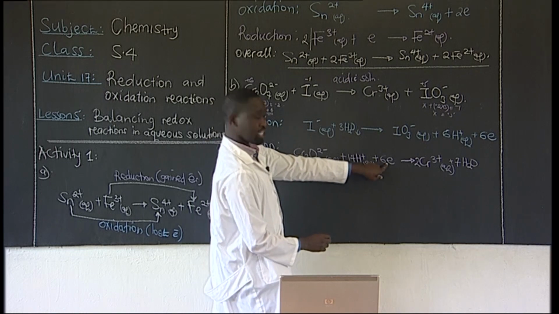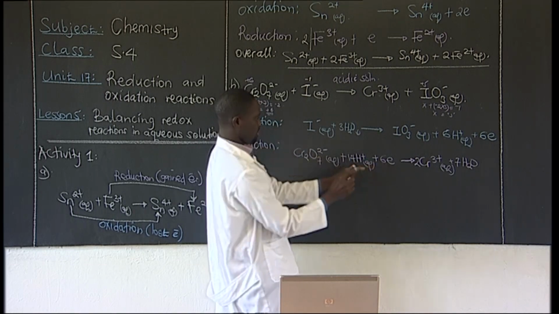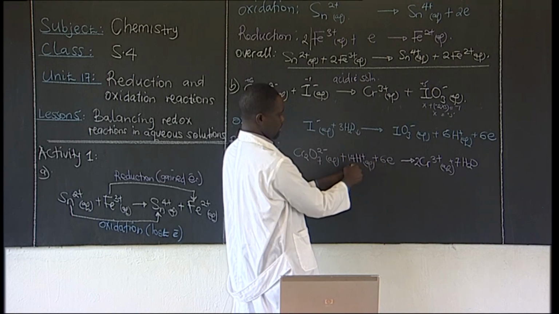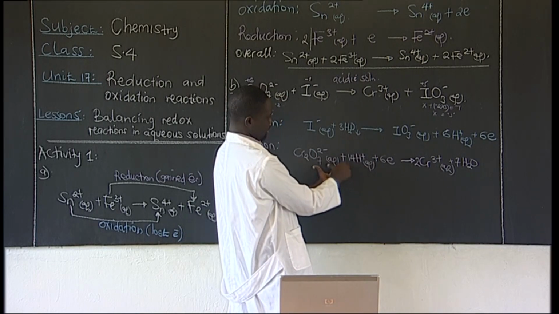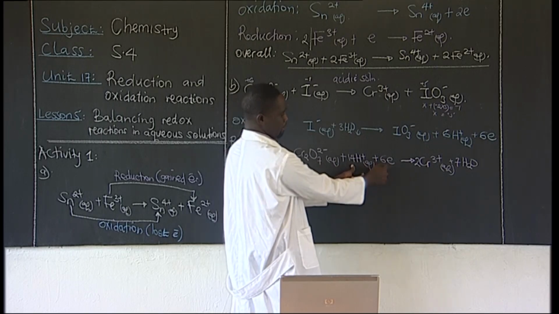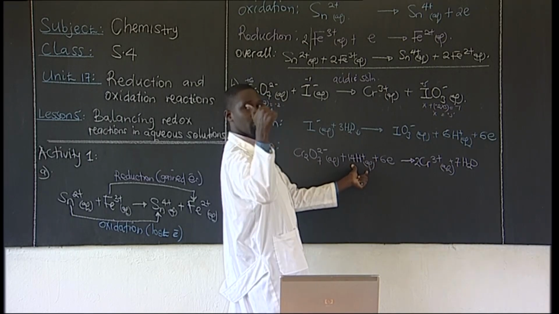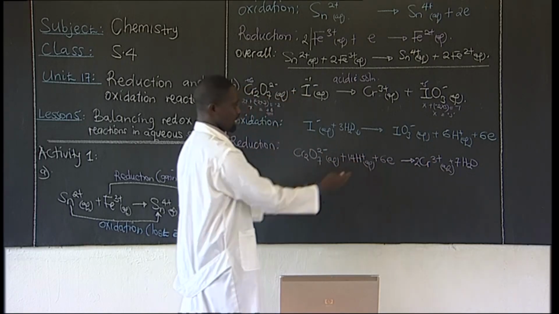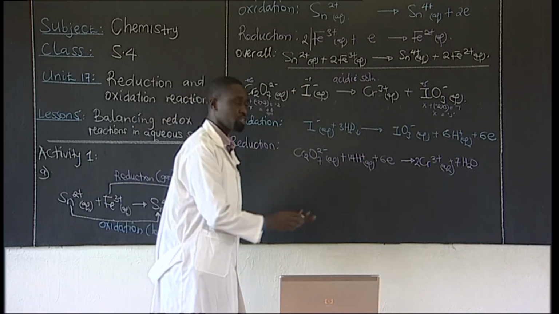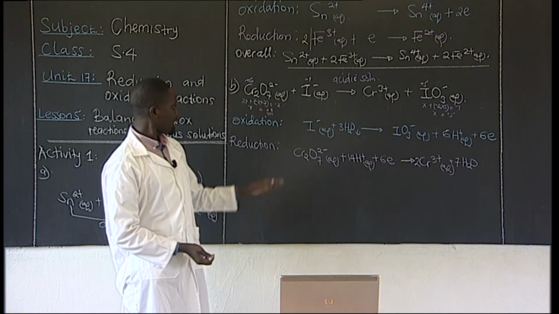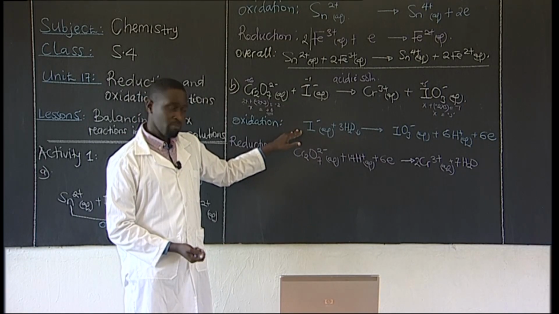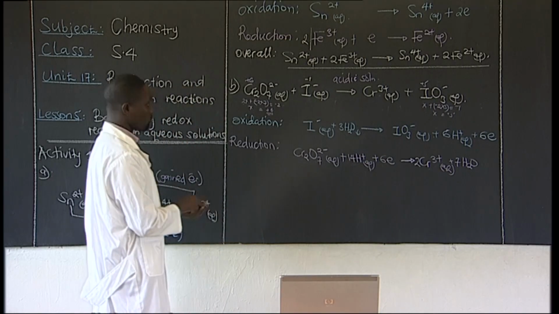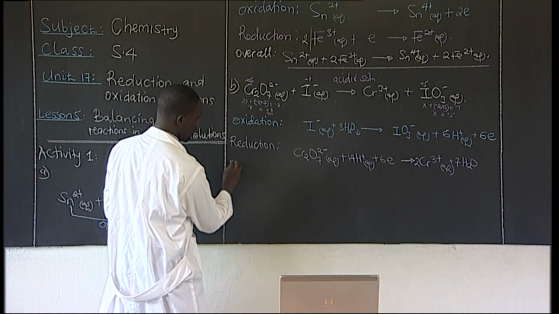When we add 6 electrons, which are negative, to positive 12, we will remain with positive 6, which is 2 times 3, which is positive 6. Charges are balanced, our atoms are balanced. So we have balanced oxidation side, balanced reduction side. The next thing is now to get our overall.